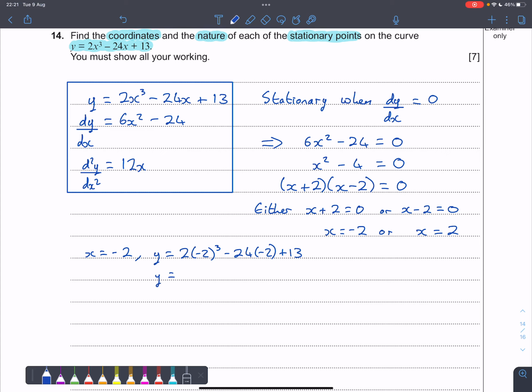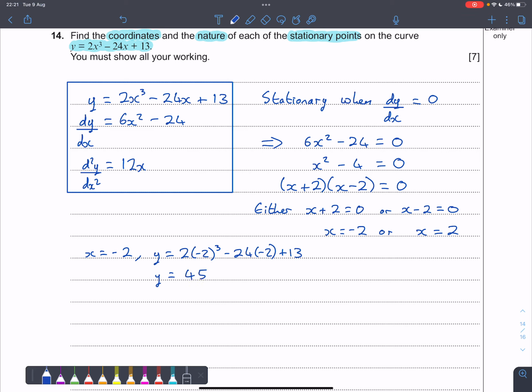Plugging that into my calculator, I get 45.